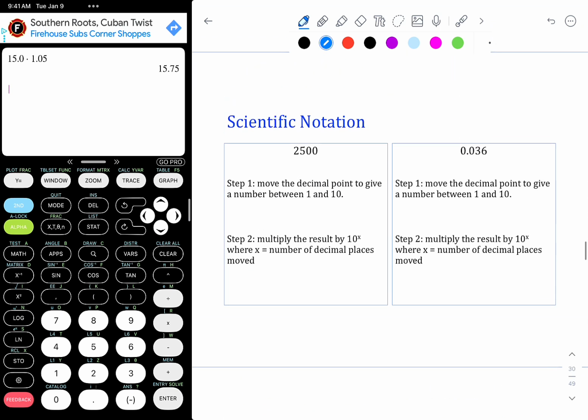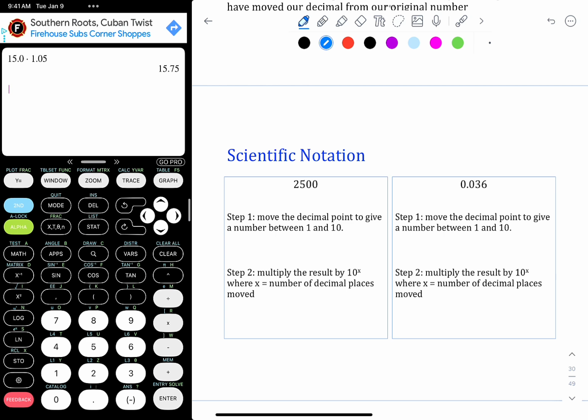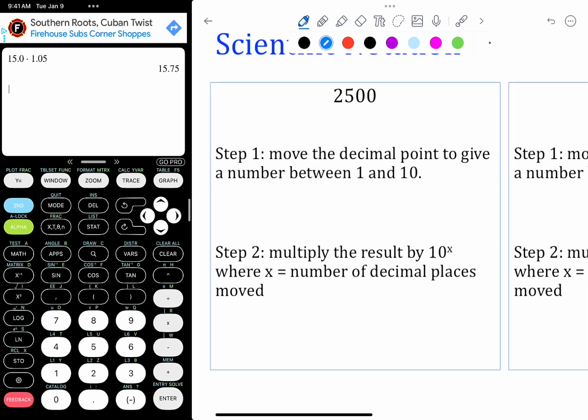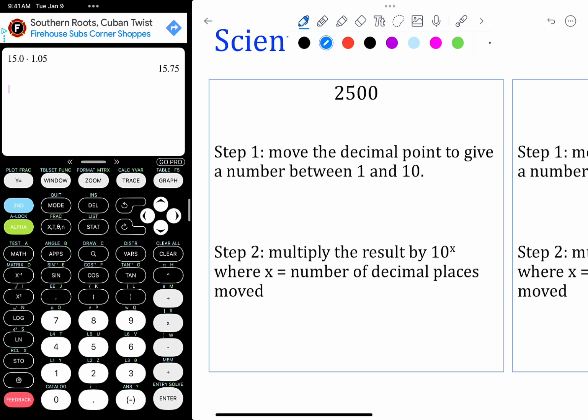So there's two steps that you want to worry about with scientific notation, so let's practice those. Here we have 2,500. Our first step is to move the decimal place to give us a number between 1 and 10. So our decimal place is right here. We are going to move it one place.